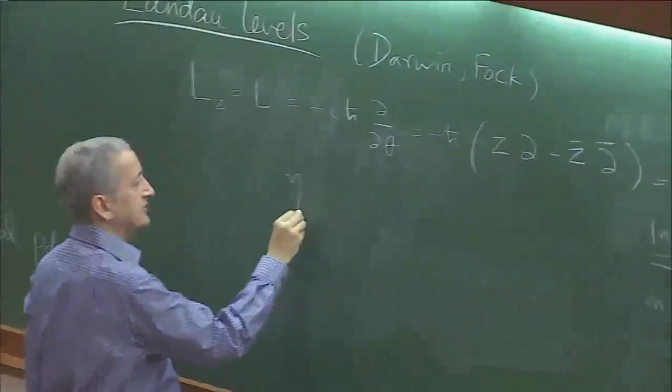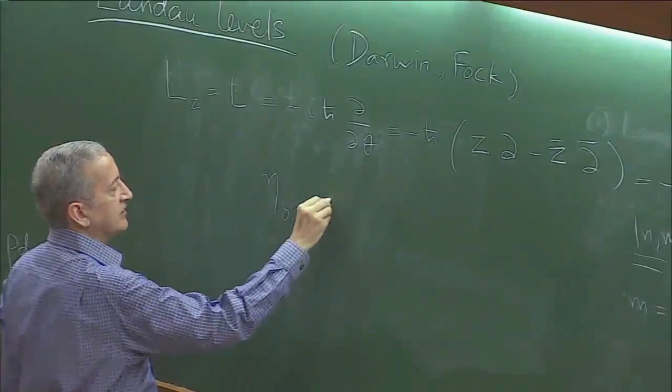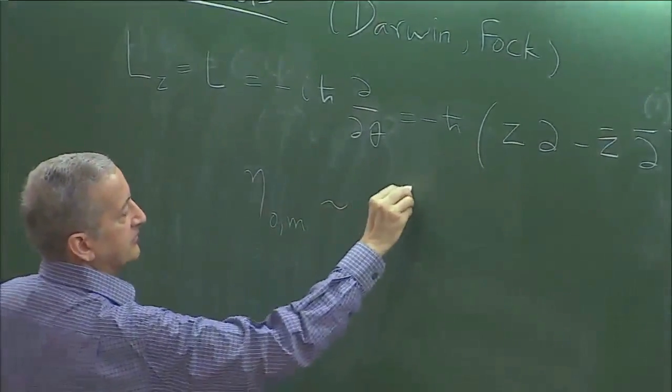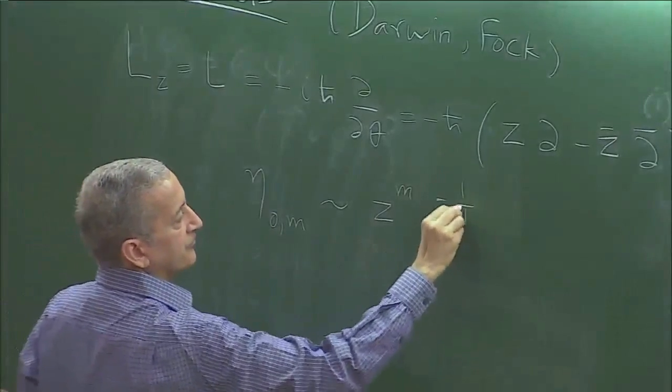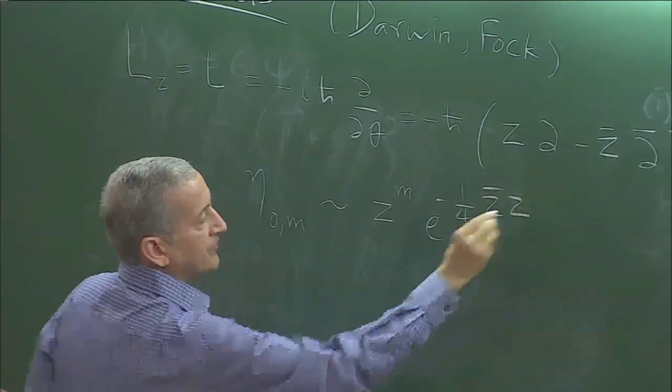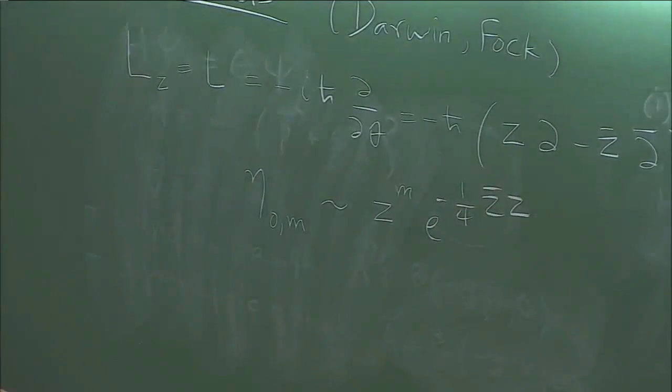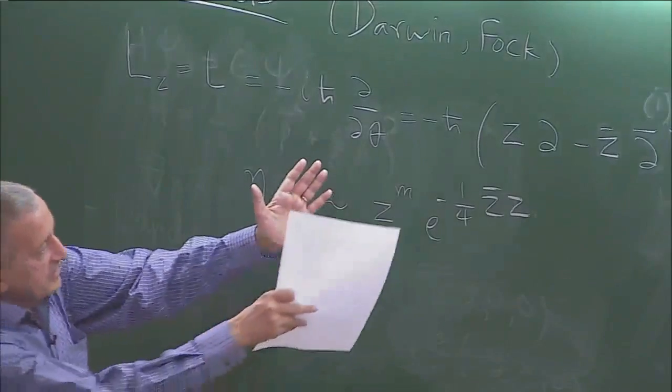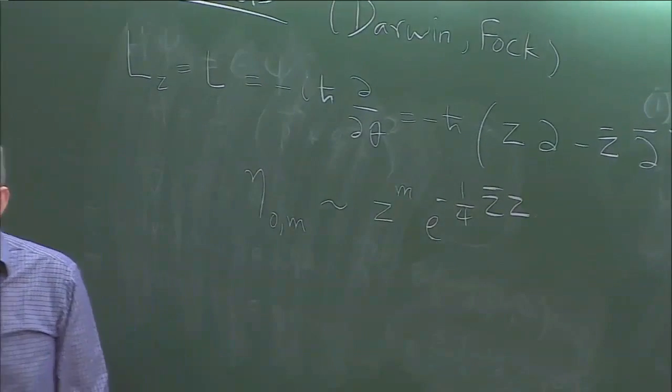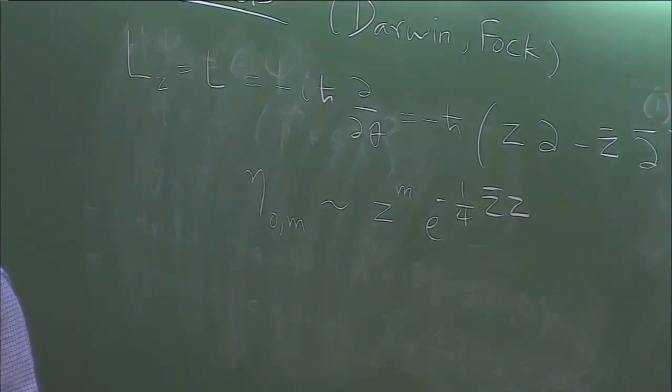The wave function in the lowest Landau level has the form z to the m. So what does this look like? Where is this wave function maximally located? To do that, you take the mod square of this and find the extremal point.